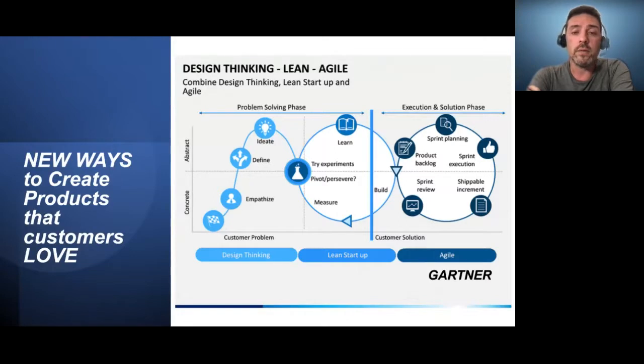And Gartner here created this chart that I really like in terms of understanding what methodologies, ways of work, and ways of thinking are there, such as the design thinking methodology, Lean Startup, and Agile practices. And they put all of them together in this phased process here.